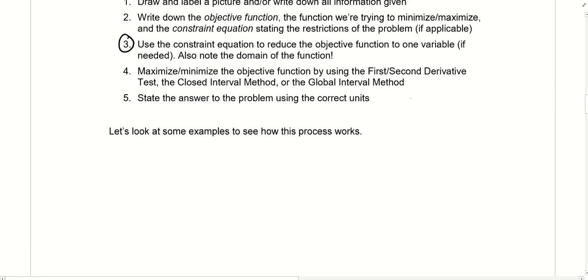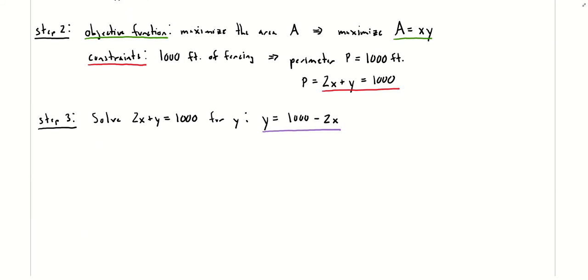Now I'm doing the substitution part where I'm reducing the objective function to a single variable. So I'm going to substitute y equals 1,000 minus 2x into our objective function.